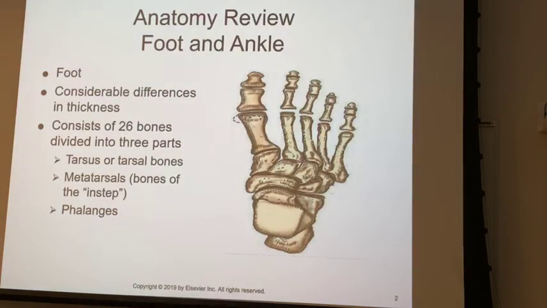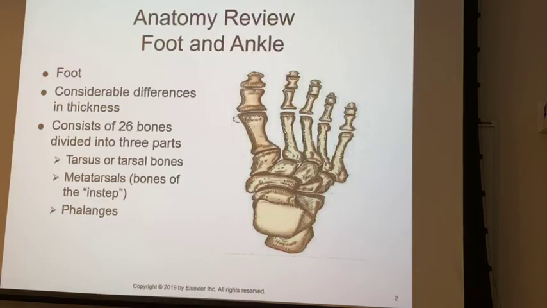Some of the similarities are similar, but completely reversed in how we number the metatarsals and the phalanges. But a lot of similarities, so an awful lot of what we're going to talk about is a little bit of a repeat. So there's considerable differences in thickness of the foot.